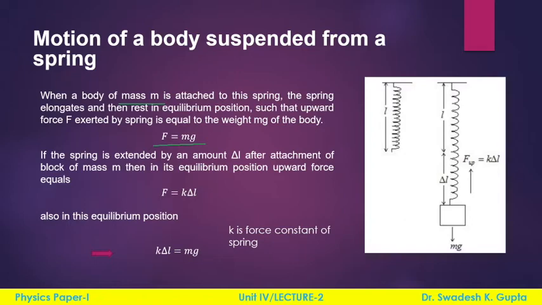If the length of the spring is L, and after the suspension of the weight the length increases by delta L, then an upward force will act on this spring, which can be given as F is equal to K delta L, where K is the force constant.